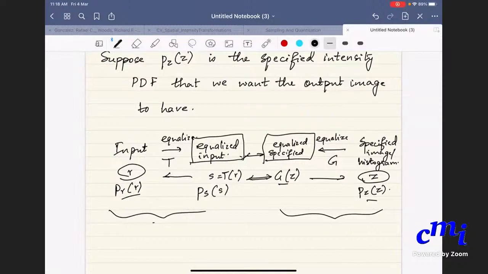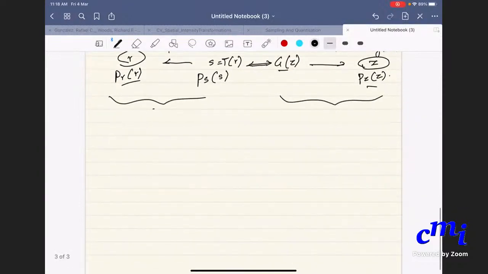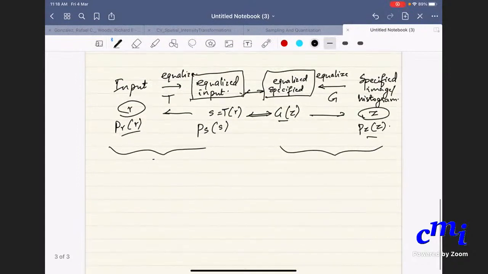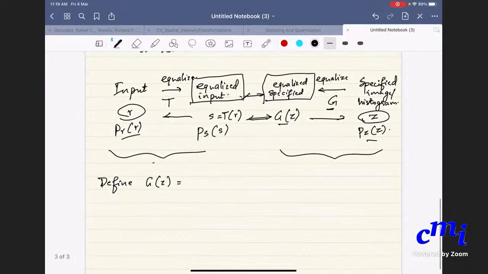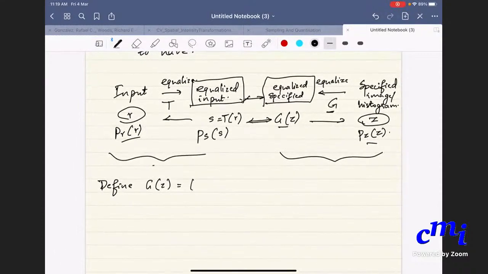We'll make that a bit more precise now. We have to define this G for the specified image. So define G(Z) equal to, well, we want to equalize and we know how to equalize. So this has to be L minus 1 times the summation of PZ, let me use a dummy variable V, dV.